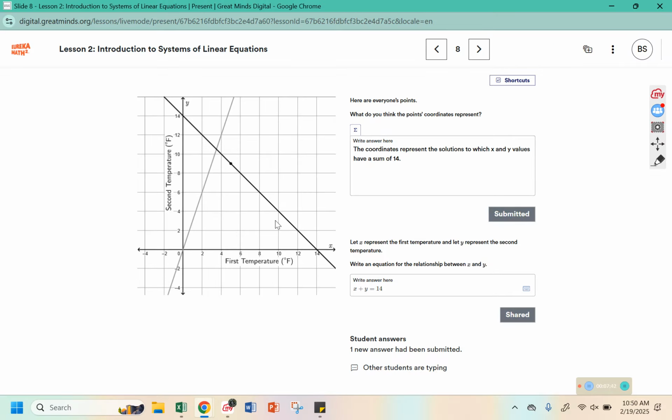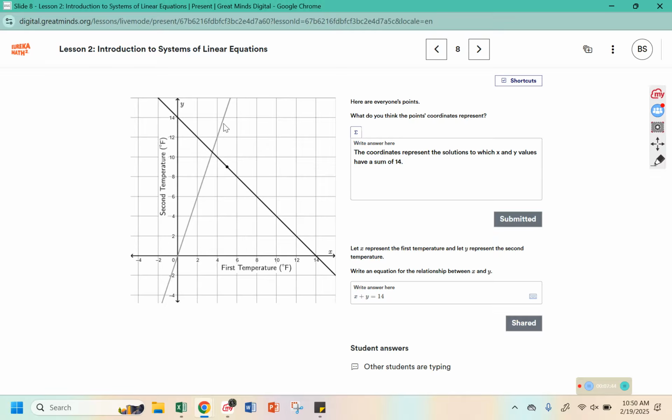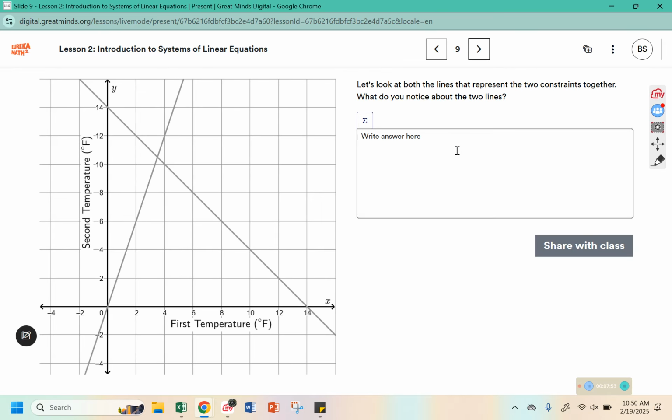So now we have this equation graphed, and the equation from before, where it said y equals 3x, is also graphed. Let's look at both the lines that represent the two constraints together. What do you notice about the two lines? I notice they have different slopes.